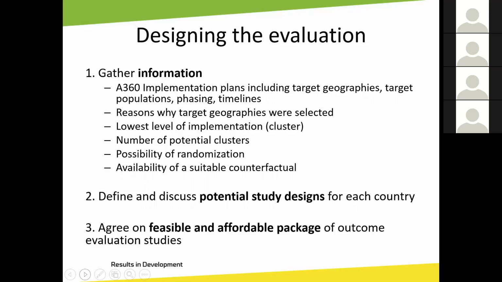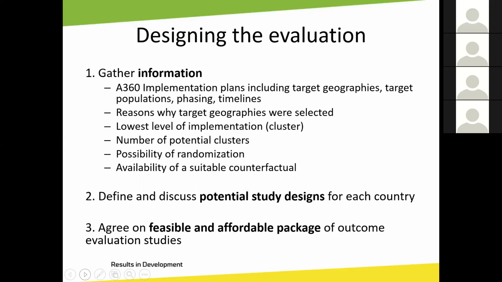We're also interested in understanding at which level A360 will be implemented. And in this project, this is a particularly challenging question because we're not clear about what the interventions are, but it has been possible to find out roughly at which level the interventions will be implemented. And I'll come along to that later in more detail.